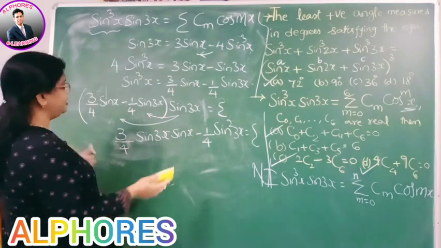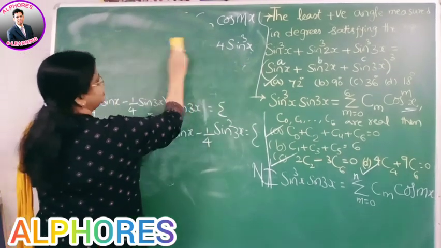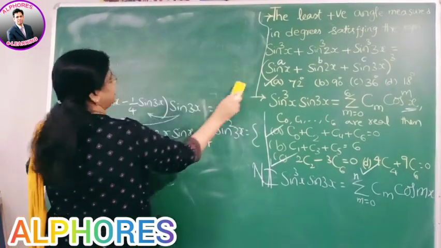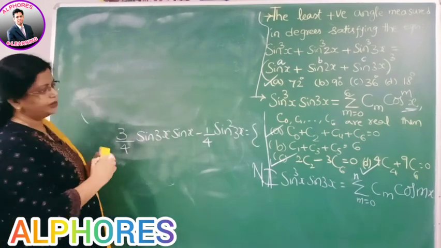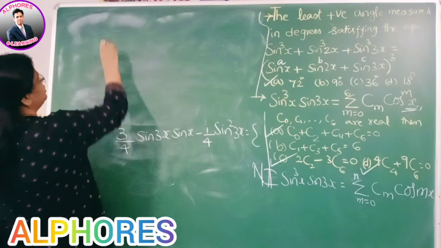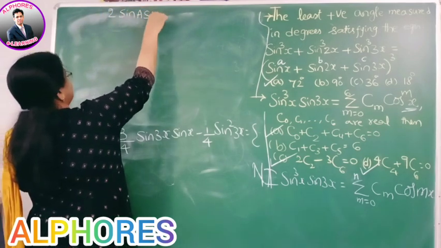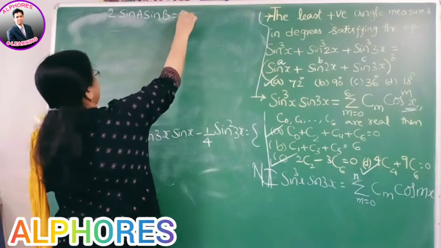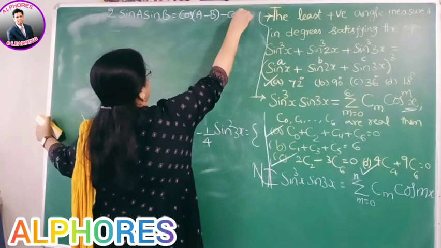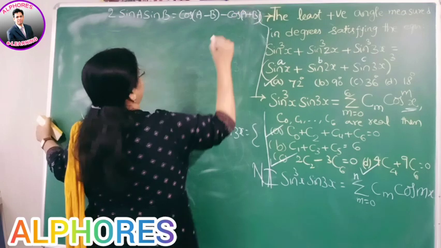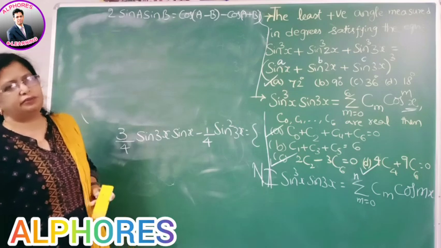Then what will happen, students, here? Now the formula again came from transformation. What is the formula we have from transformation here? 2 sin A sin B. So what is our formula? 2 sin A sin B is equal to, there is no minus symbol here, so the last formula is cos A minus B minus cos of A plus B. This one we deduced in compound angles as well as in transformations.